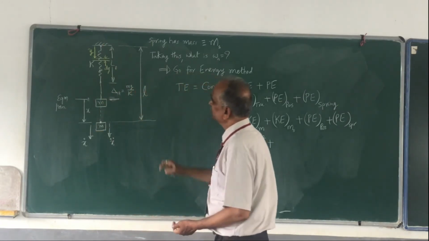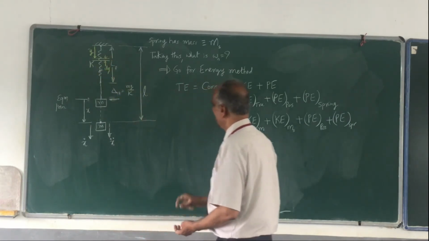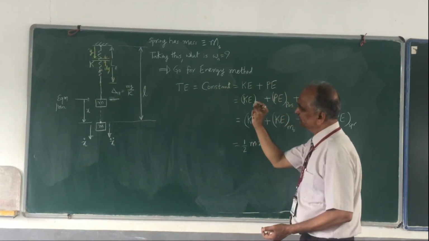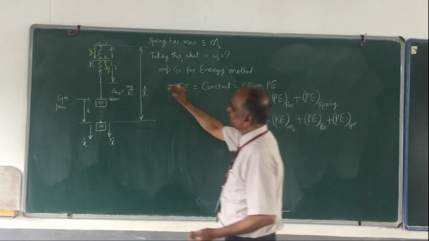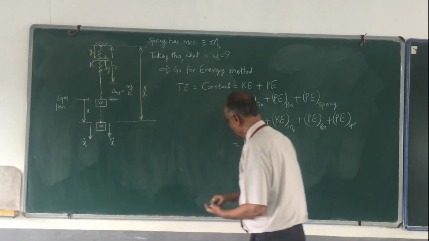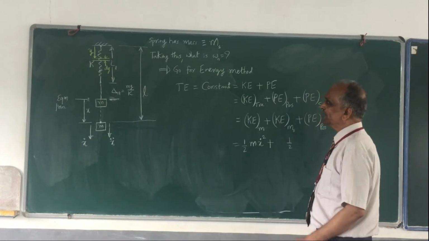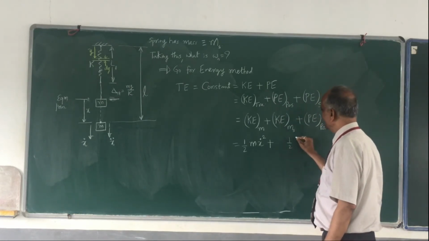So I have considered a small portion dy, which is very small. I would like to calculate the kinetic energy because of this small portion. In general the formula is half into the mass of that element.